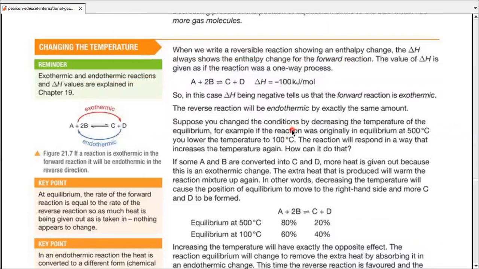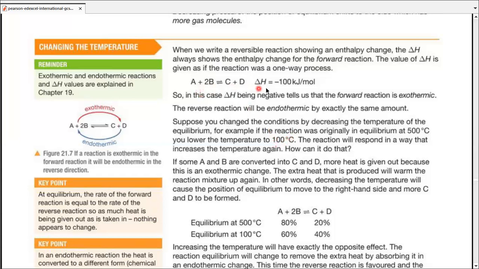Now, in case of temperature, delta H is the value we should be interested in. Delta H tells us whether the reaction is exothermic or endothermic. If you remember from our previous topics, if delta H was negative, it gave us the idea that the reaction was exothermic. And if it was positive, it gave us the idea that it was endothermic.